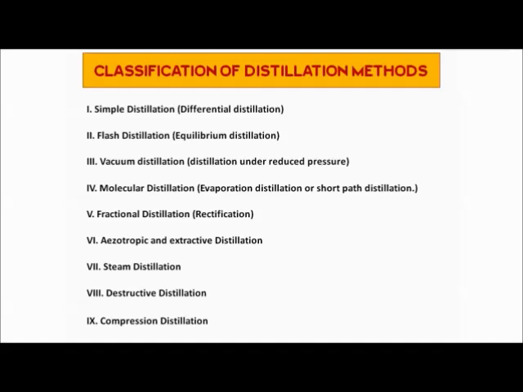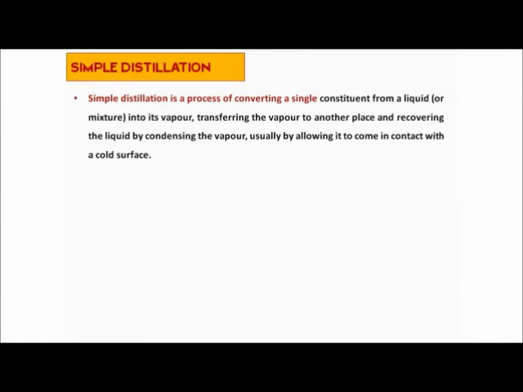In this presentation we are going to discuss the first and second, that is simple distillation and flash distillation. So what is simple distillation? Simple distillation is a very common process for converting a single constituent from a liquid or a mixture into its vapor.